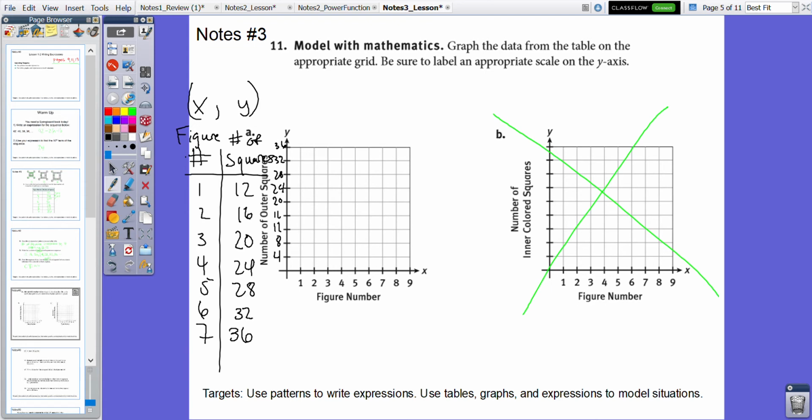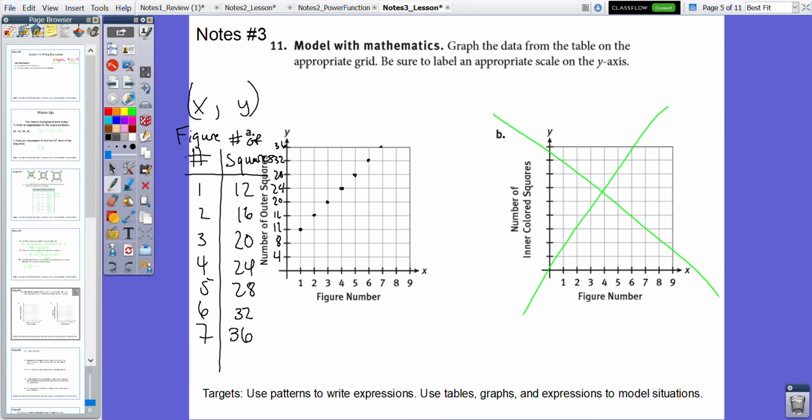Give ourselves enough room to get all of our data in. So in this case, 1 and 12 will be right there, 2 and 16, 3 and 20, 4 and 24, 5 and 28, 6 and 32, and 7 and 36.